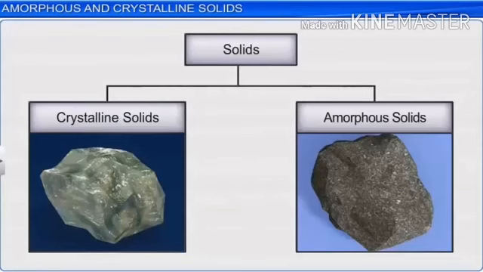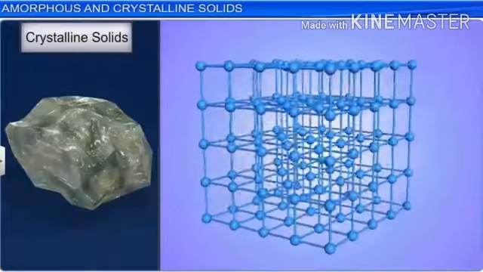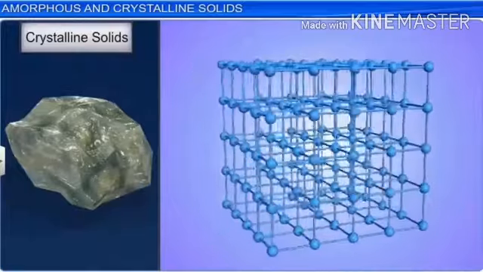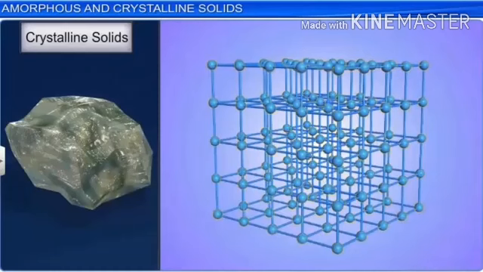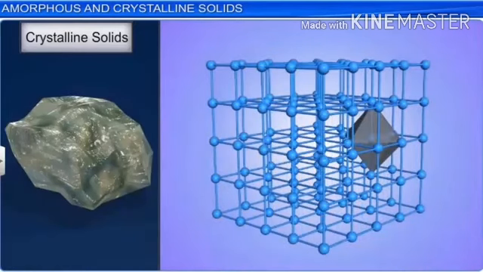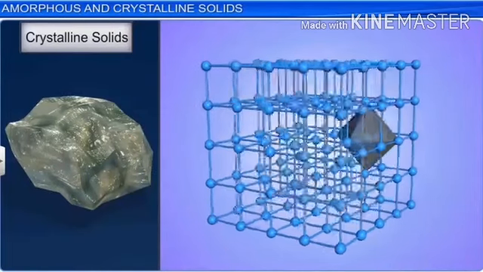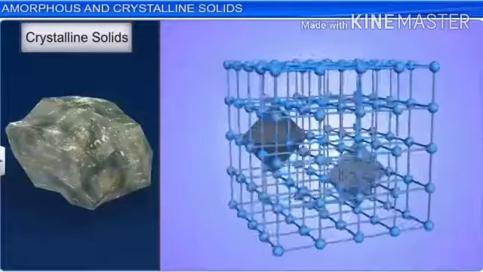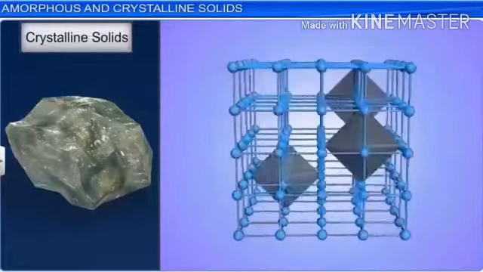Depending upon the arrangement of particles in the solid state, solids are classified into two: crystalline solids and amorphous solids. What are crystalline solids? In crystalline solids, the constituent particles, which can be atoms, molecules, or ions, are arranged in a perfectly ordered manner in three dimensions.